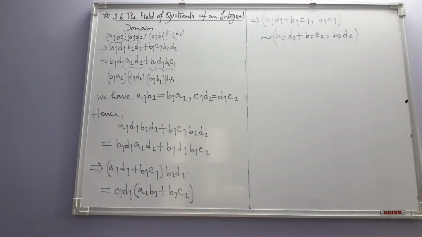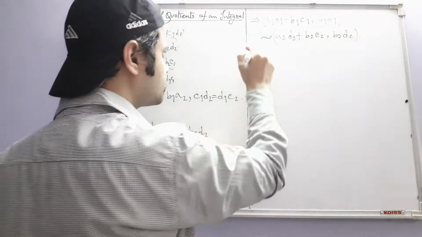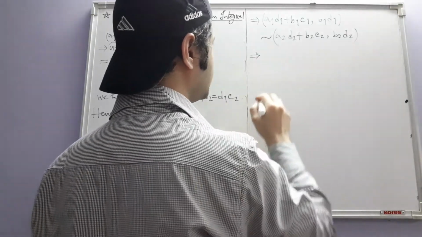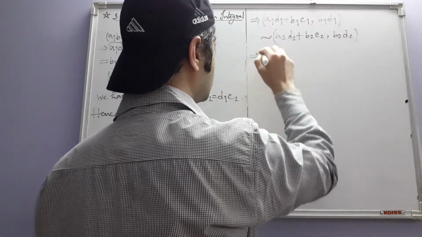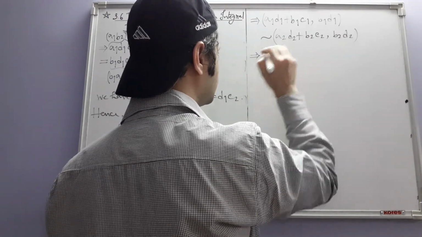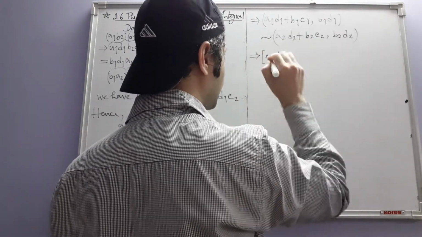See how quickly we can make mistakes. This implies the equivalence classes containing these ordered pairs are equal.